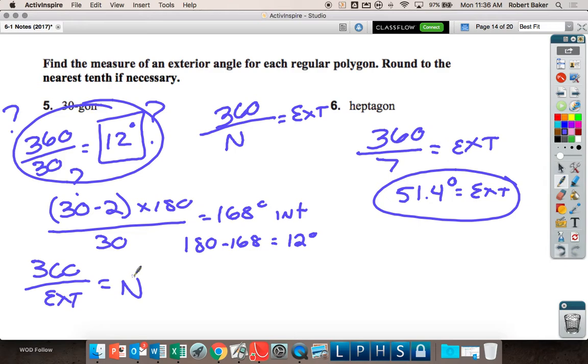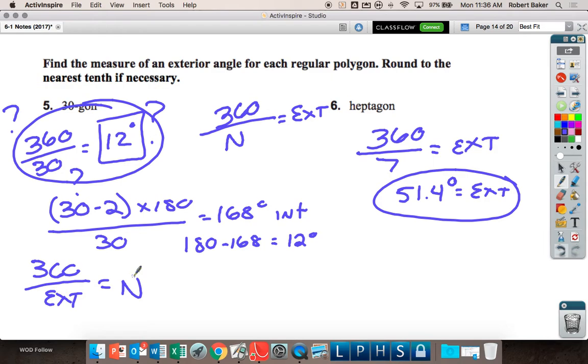If a figure has an exterior angle that measures 90 degrees, how many sides does that shape have? 4, because 360 divided by 90 is 4. If a figure has a 72 degree exterior angle, how many sides does it have? 5, because 360 divided by 72 is 5.